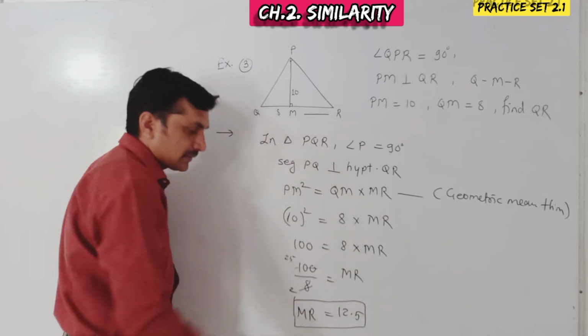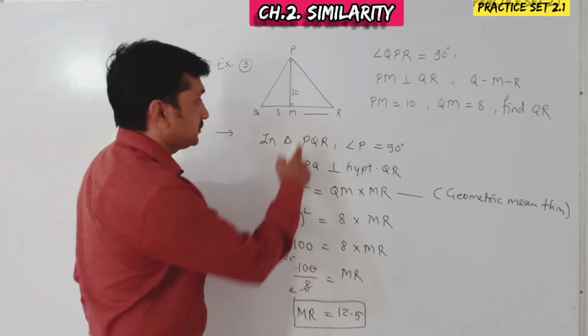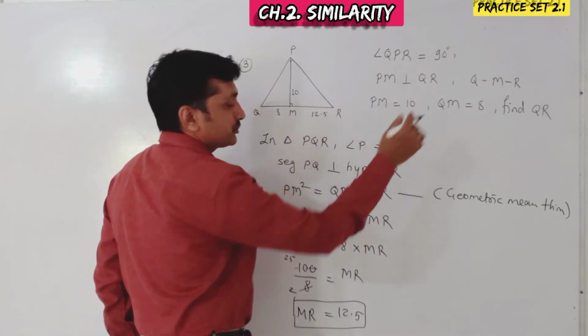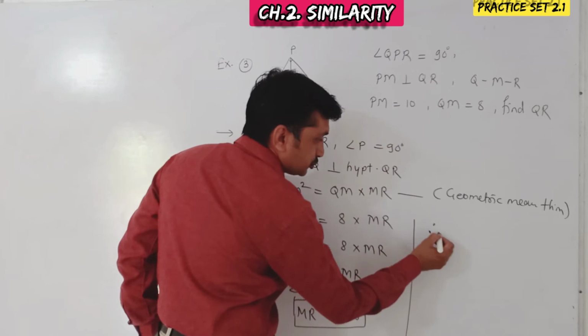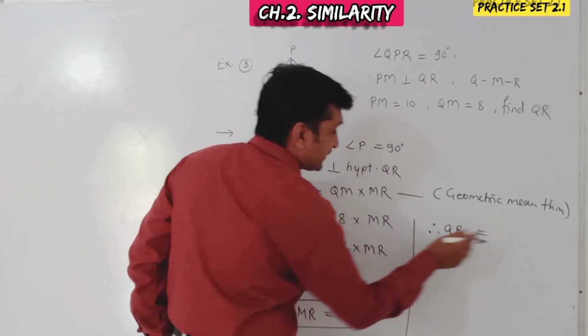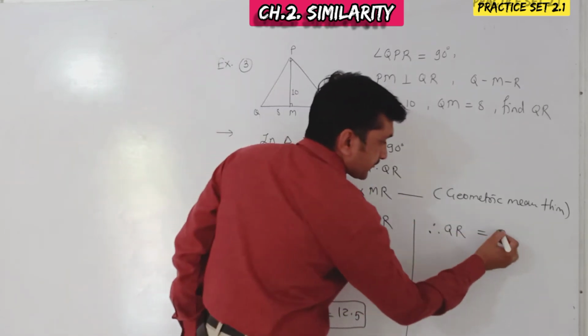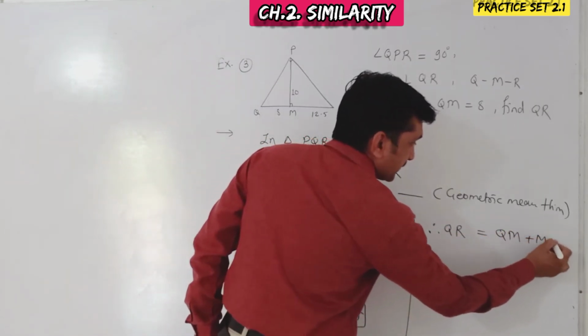MR we got 12.5. But we don't want MR, we want QR. Therefore QR is equal to, how do we get QR? By adding these two segments, QM plus MR. QM plus MR, we get QR.